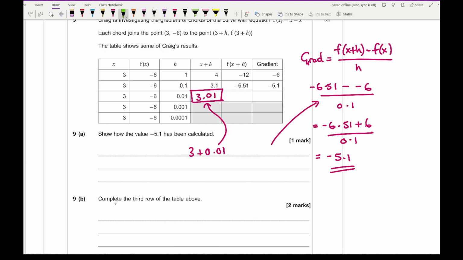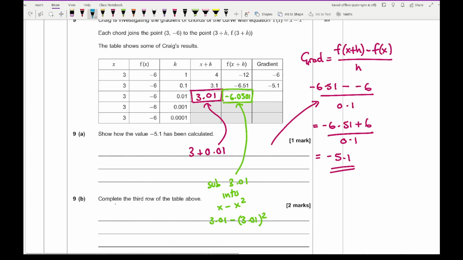Then for this value here, what I'm going to do is substitute 3.01 into the f of x function of x minus x squared. So in other words, what I'm going to get is 3.01 minus 3.01 squared, and typing that into my calculator gives me an answer of -6.0501.